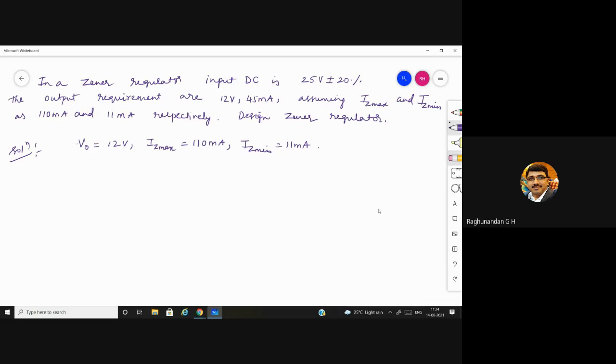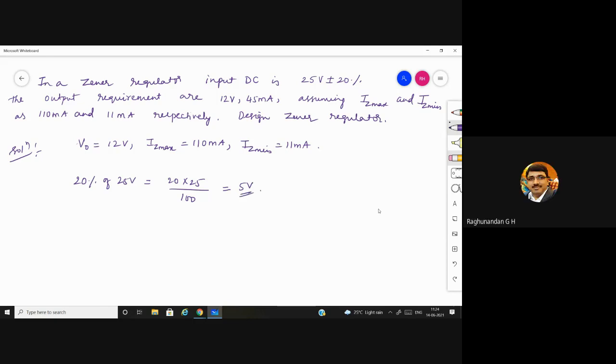Plus or minus means it can add 20% to 25, or subtract 20% of this voltage. 20 into 25 by 100 is 5 volt.